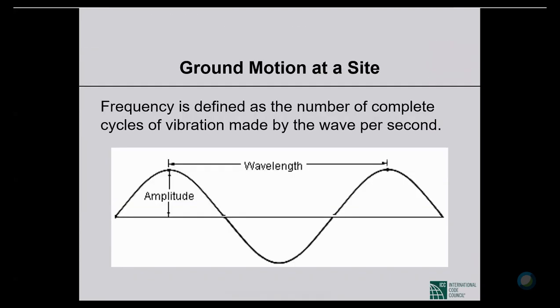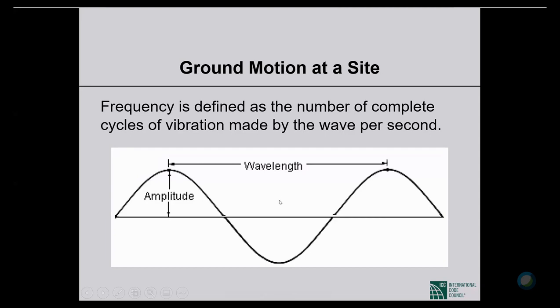So frequency is defined as the number of complete cycles of vibration made by the wave per second. Okay, one wave is one peak to the next valley to the next peak. So this is one wave. This is the wavelength.